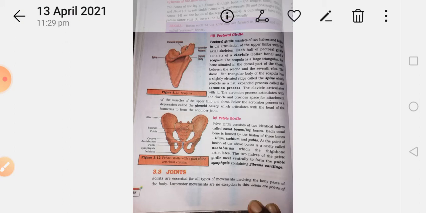When we want to sit, stand, or jump, we need the support of the joints. Locomotor movements like sitting and standing are no exception to this.